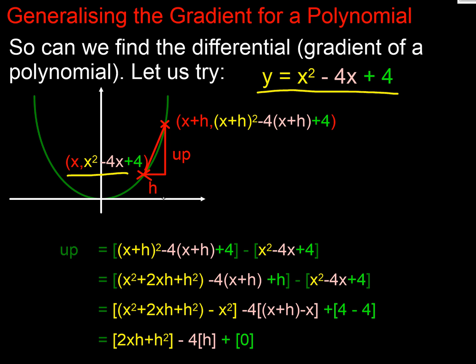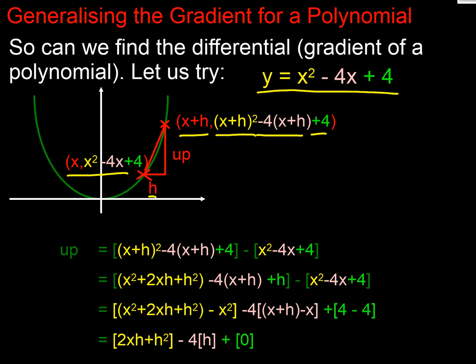And then we're going to move along a little h. So our other point is going to be at x plus h, and therefore the y value is going to be the three parts here, the x plus h squared minus 4 times x plus h, and then plus 4. All we've done is substituted x plus h for where there was an x.